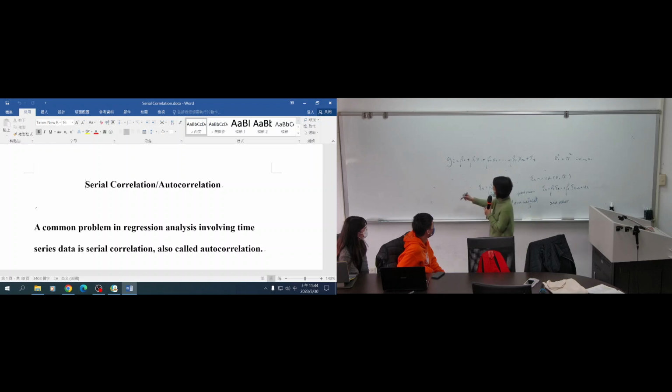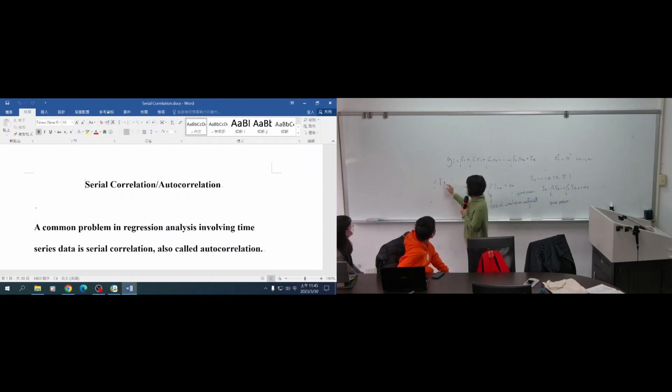We call R the correlation coefficient, and it ranges from -1 to +1. What about this one? It's pretty similar. This one is also between -1 and +1.